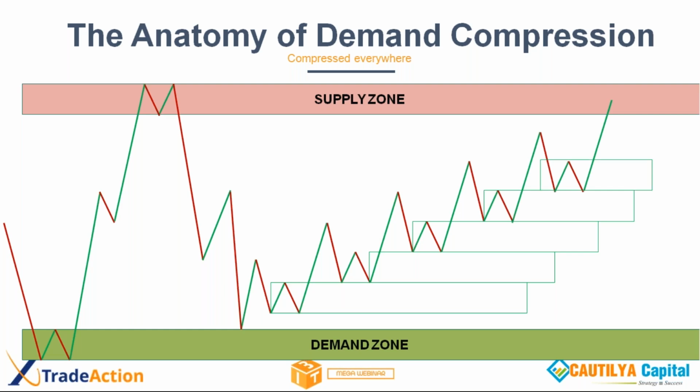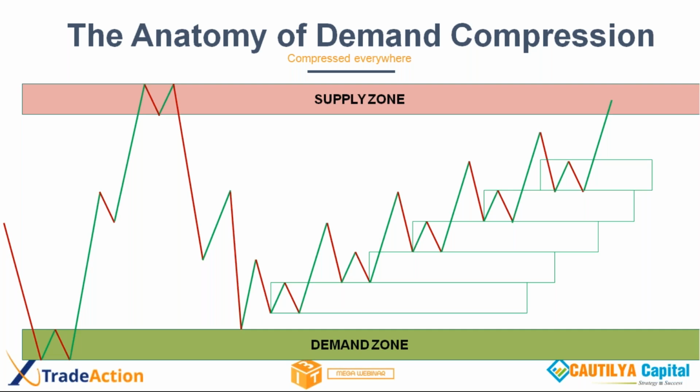Similarly, in the entire journey from this demand zone to the supply zone, there will be so many zones getting created, each zone touching and kissing another zone. When this process happens, what exactly is happening? Each zone was testing another zone.